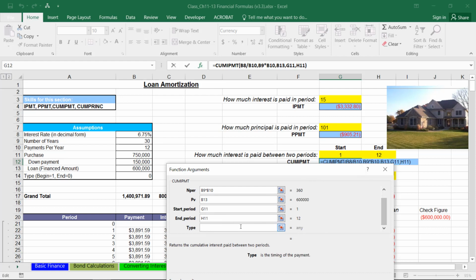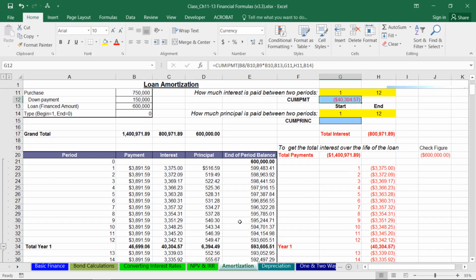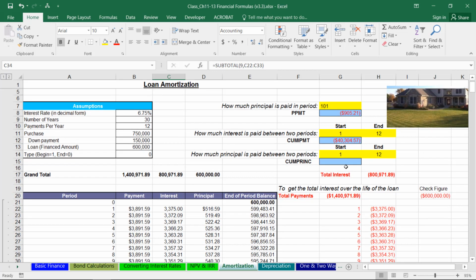And of course, we still need the type. I'll hit enter. And it looks like in the first year, we will pay interest of $40,304.57. That is exactly what we show here, $40,304.57. If we wanted just the last 6 months of the first year, we could put a 7 in here, and it looks like we'll be paying $20,098.49 July through December.